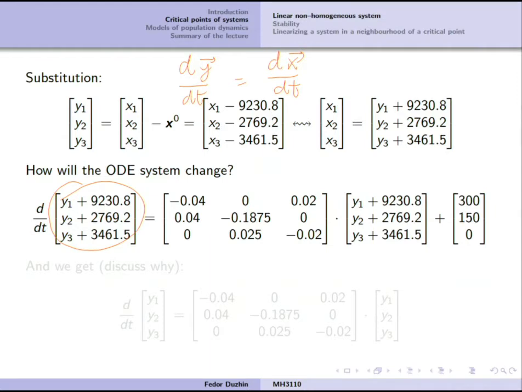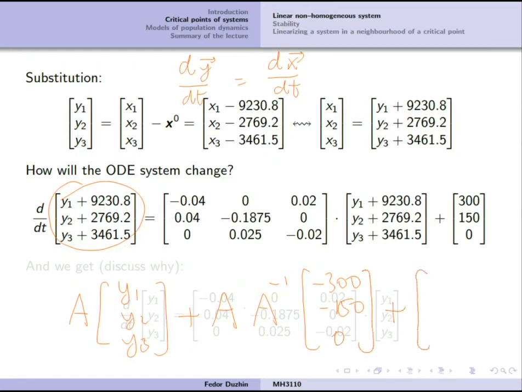Notice that in the right-hand side we have our system of differential equations, A times our vector y1, y2, y3, plus A times this vector, but recall that this vector was actually A inverse times minus 300, minus 150, 0, and plus 300, 150, 0.